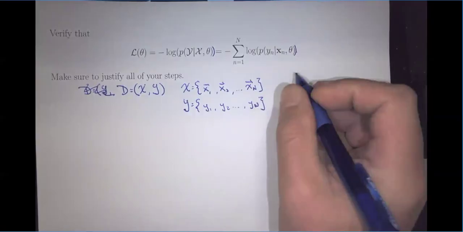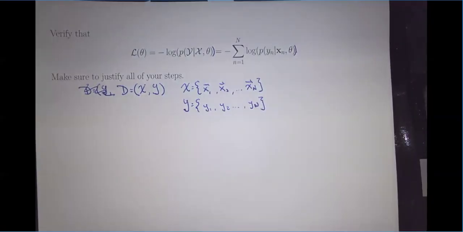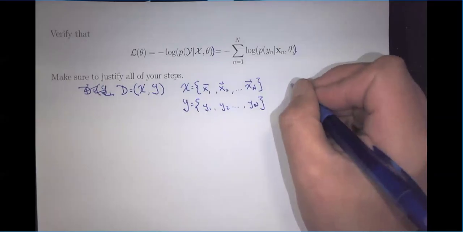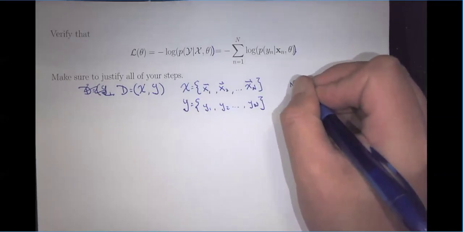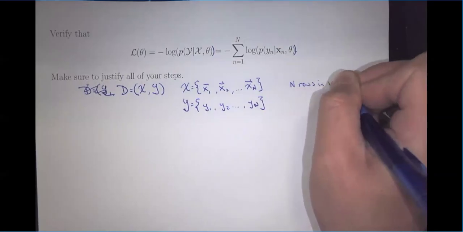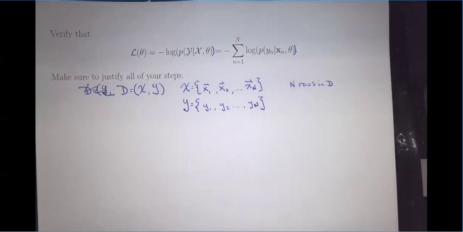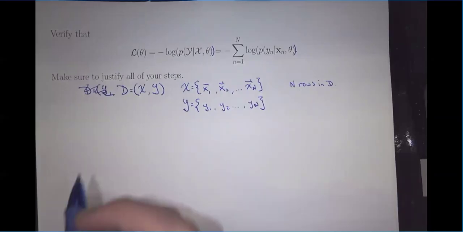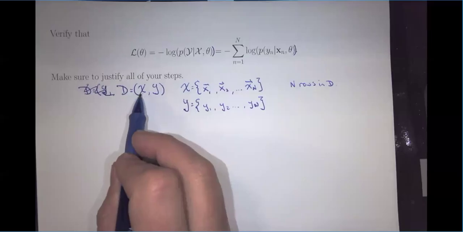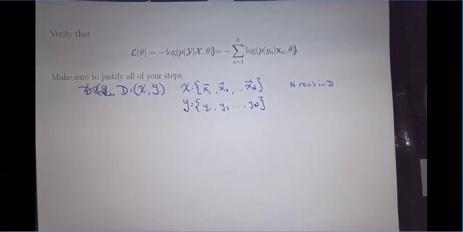And there are capital N of these things according to this problem, right? So there's N rows in our data set. And D is just a bunch of X values, and then what the Y value is associated with those X values.